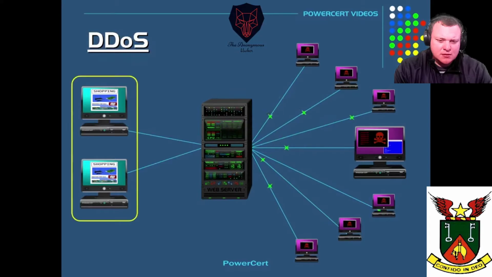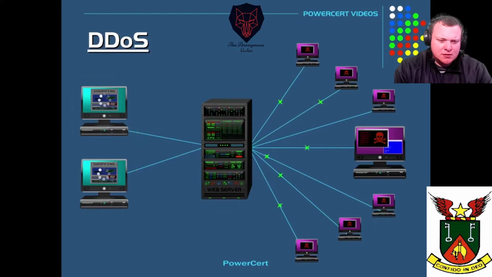So as a result, these legitimate computers over here are going to be denied service because the server is too preoccupied in dealing with a DDoS attack. So the web pages that these computers want to access are either not going to load, or they are going to be very slow in loading, and they'll get that familiar spinning wheel of lag on their screens.